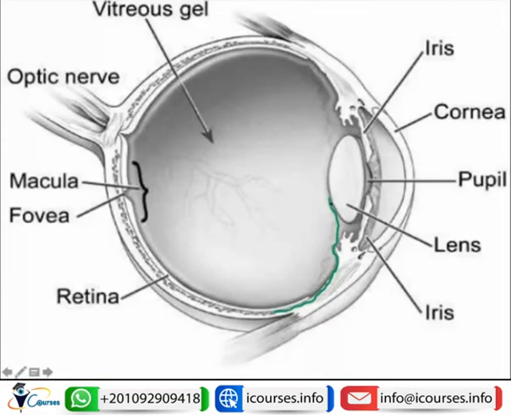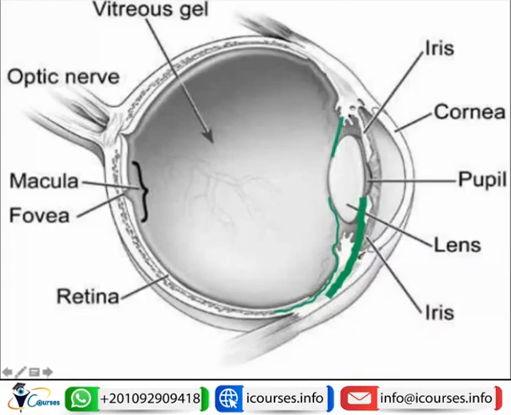And they insert into the capsulohyaloid ligament. So they pass over the anterior surface of the vitreous to be inserted into the most anterior condensation of the vitreous behind the lens, which is called the capsulohyaloid ligament. Then we have the orbiculoanterior, which is the thickest and arises from the orbicularis ciliaris and inserts into the anterior surface of the lens.